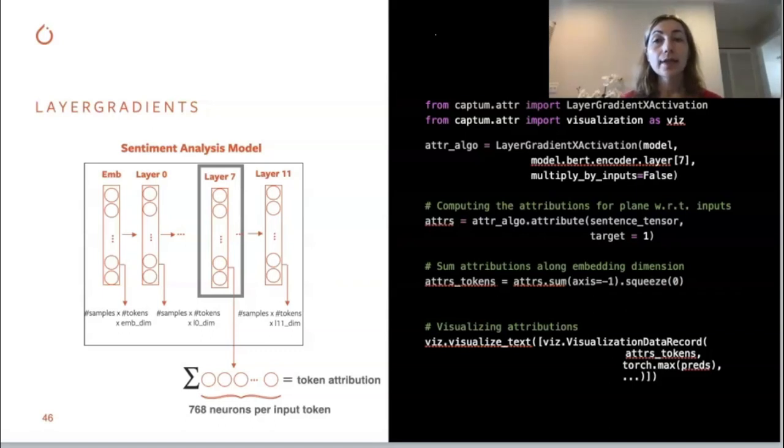The output of gradients has the same shape as the output of layer 7, and that shape is number of examples by number of tokens by the embedding dimension in layer 7, which is 768. In order to visualize neuron attributions for the tokens, we summarize the attribution scores for all 768 neurons for each token, and this gives us token level importance.